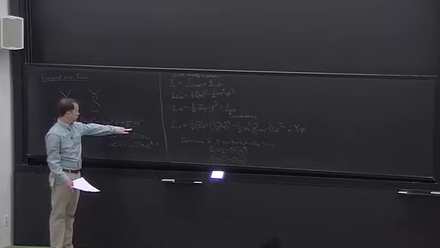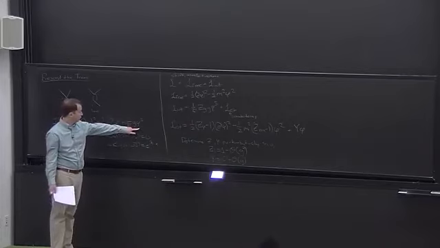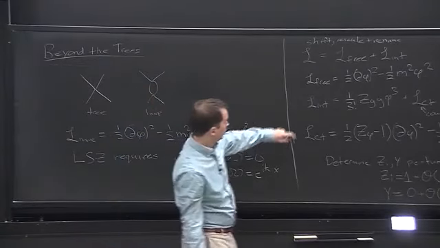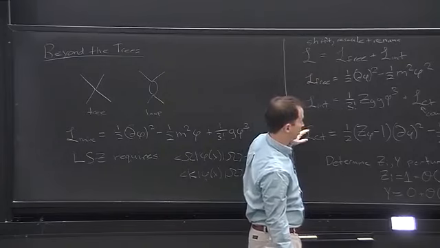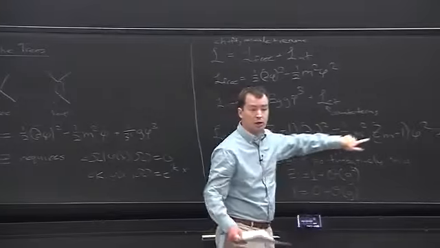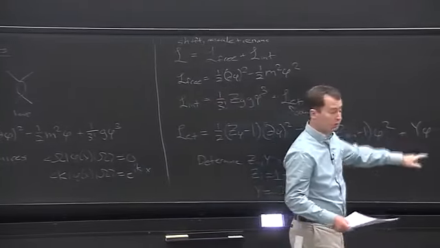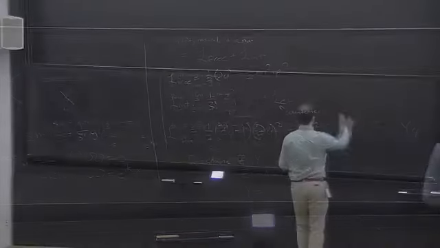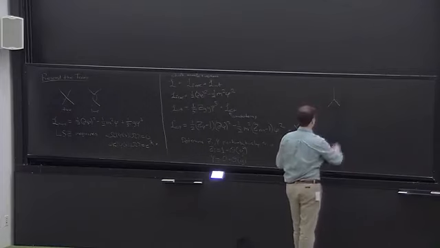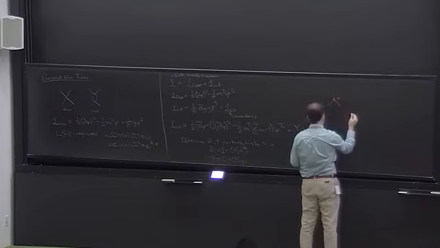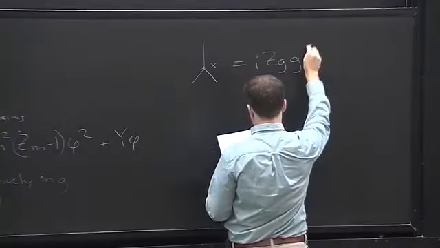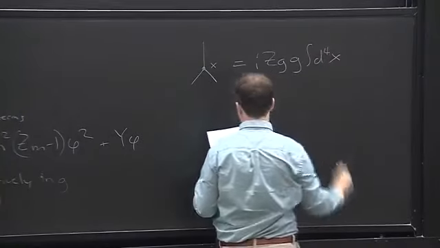So the theory we wanted to deal with just had a single vertex. We just had a single interaction term. Shifting and rescaling meant we got not just a cubic term, we also got some quadratic interaction terms and a linear interaction term. So our vertices in this theory look like this. So in position space, the Feynman rule for this one is iZ G, G, integral d4x.